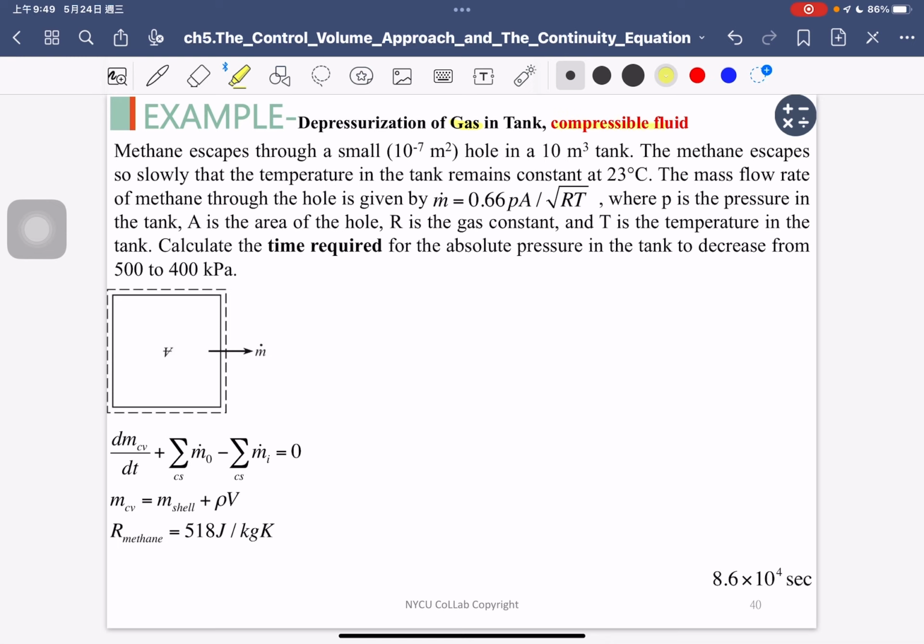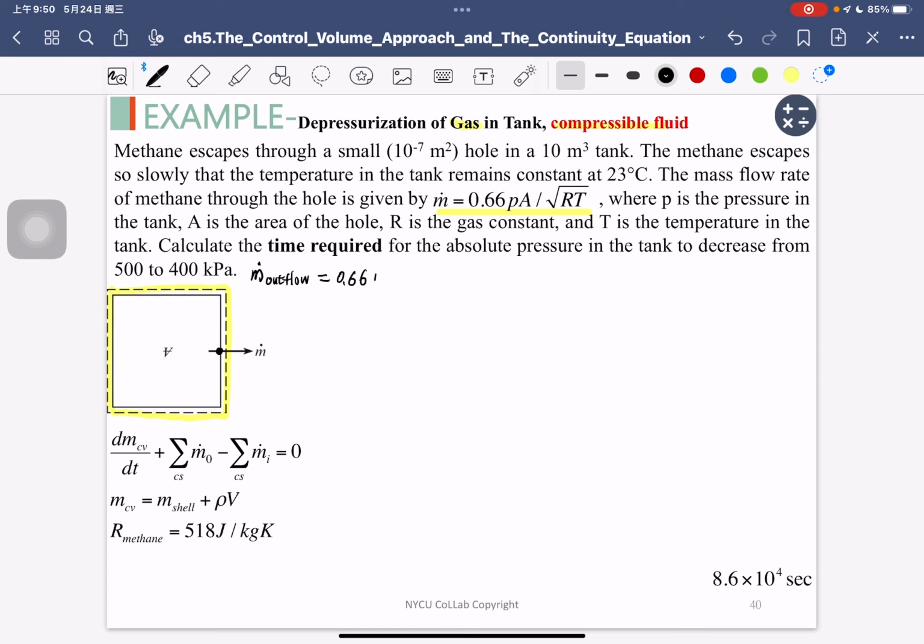Okay, so again, we depict the control surface here, and we have a small hole here, and through the small hole we will have the outflow. This is a mass outflow, and the question already provides how fast the mass flow rate for the outflow is.